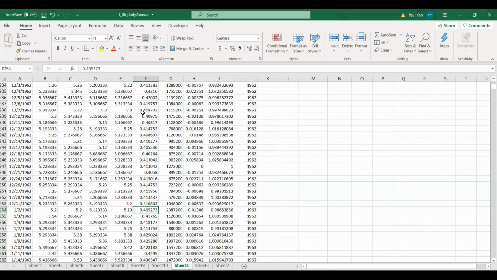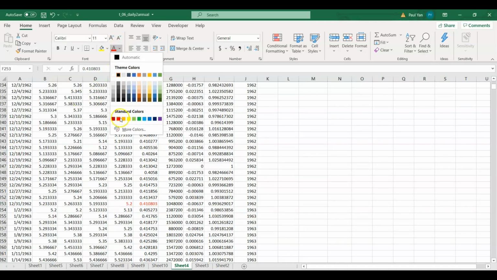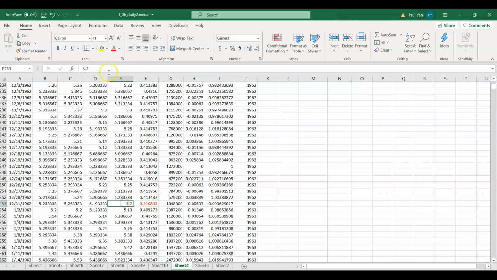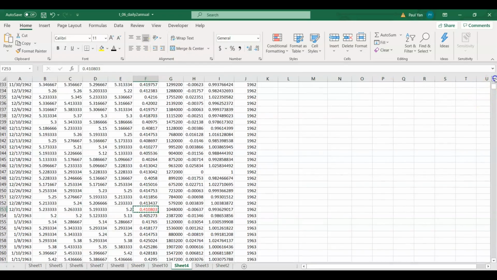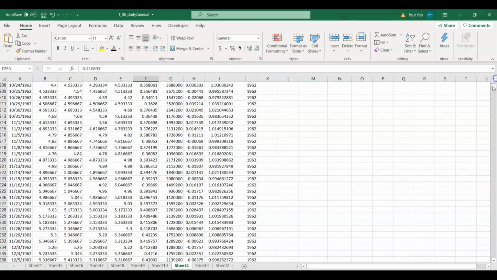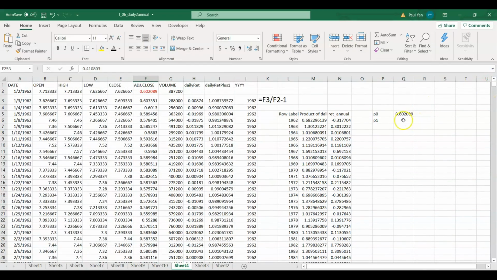This is F253. I can just copy this value, and here this is P1.